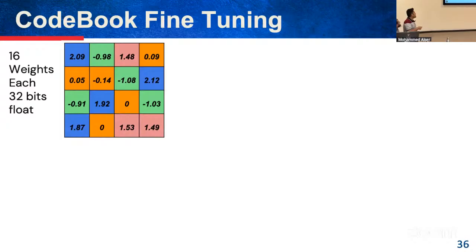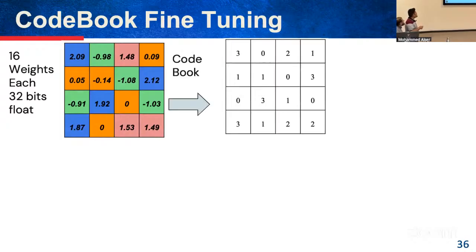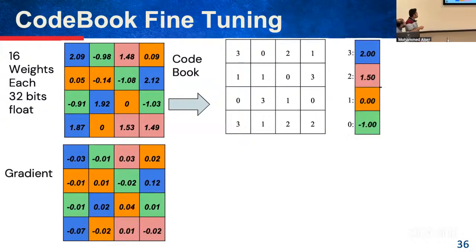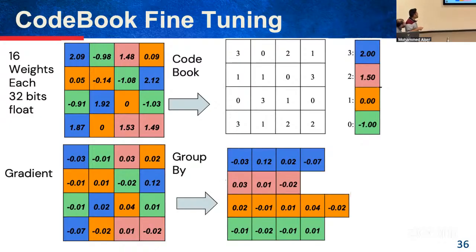In this work, they did some quantization, but sometimes quantization loses accuracy. They tried to cope with the accuracy loss by using a fine tuning method. During back propagation, they calculated the gradients of the same weight matrix and grouped them into the gradient matrix.